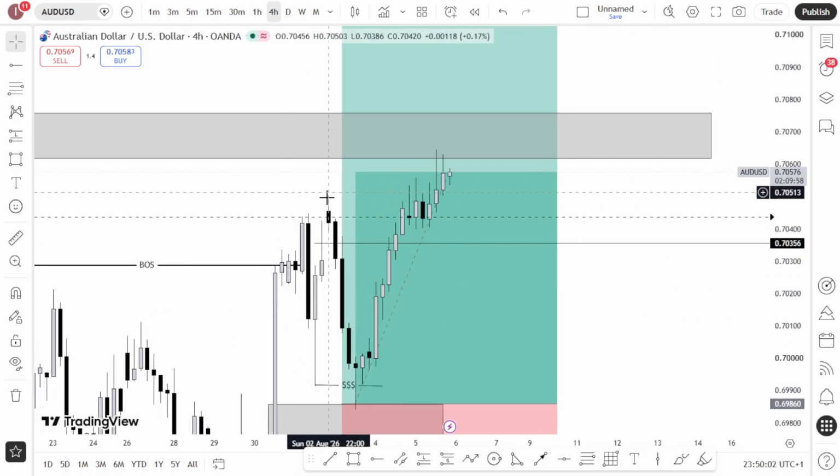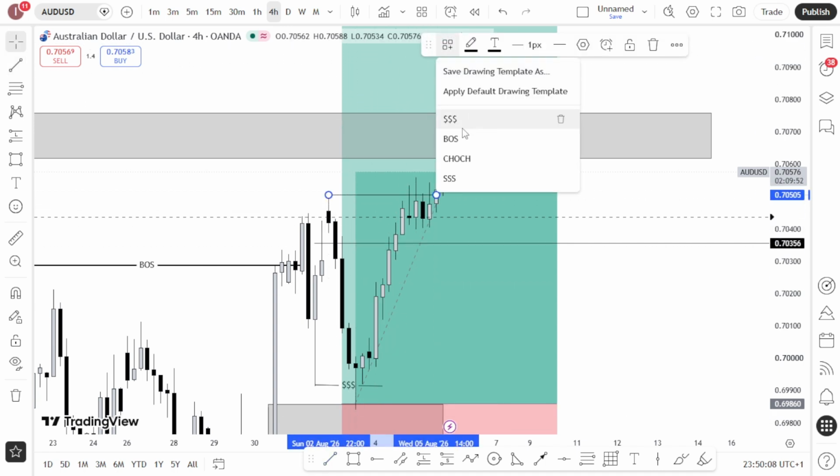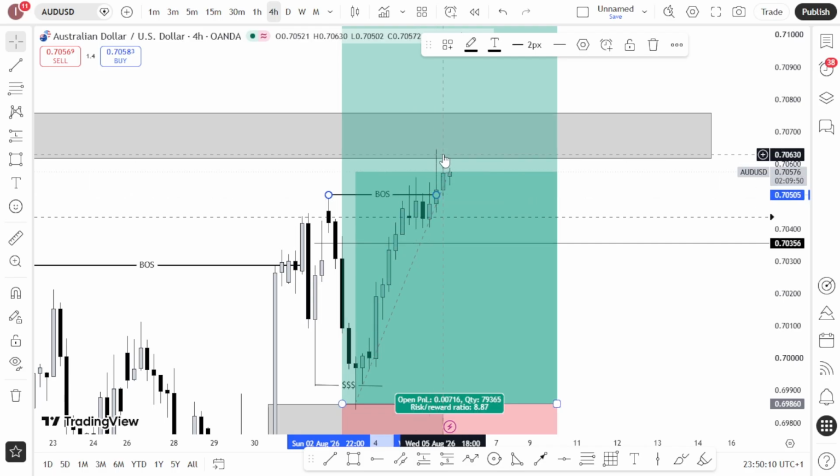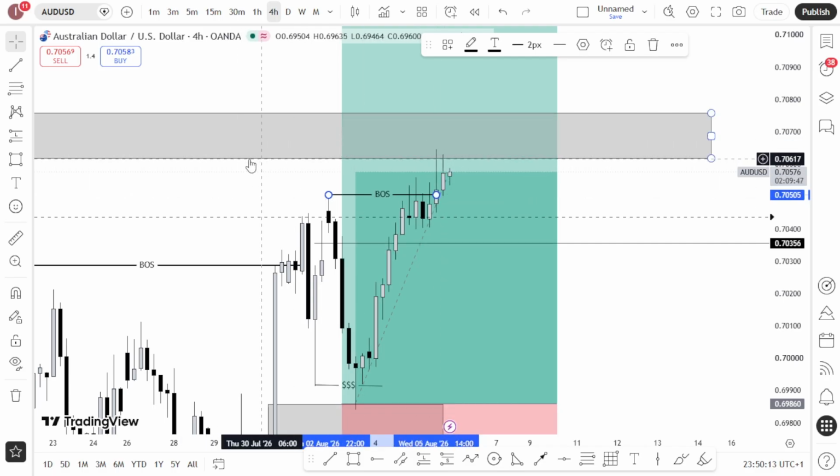So this is what I'm looking at. If you notice from here, we have a new break of structure. All this rejection you are seeing here, the price is reacting to this supply zone.